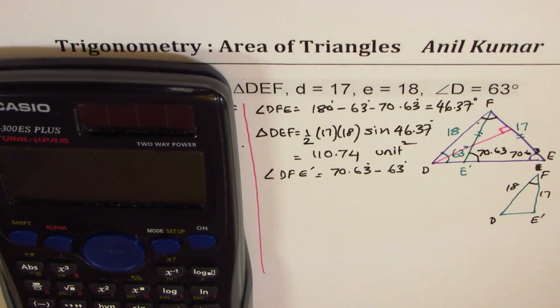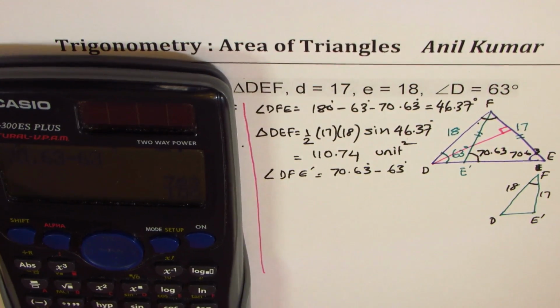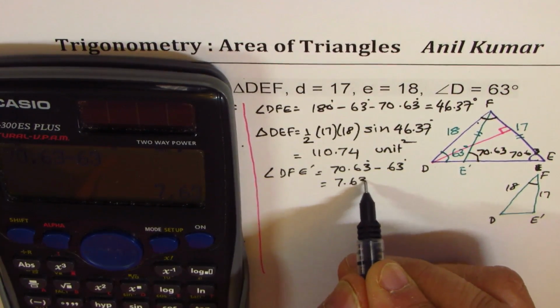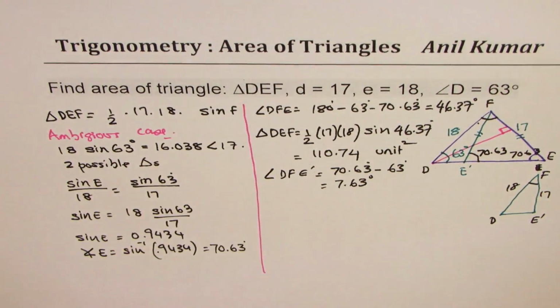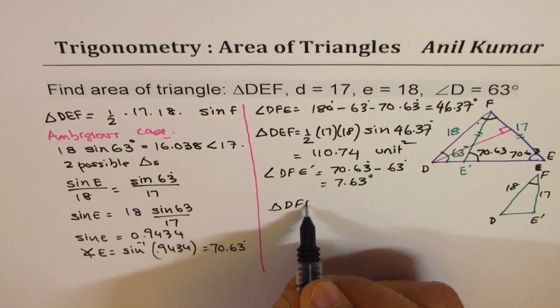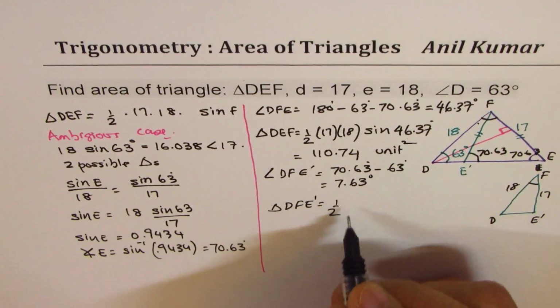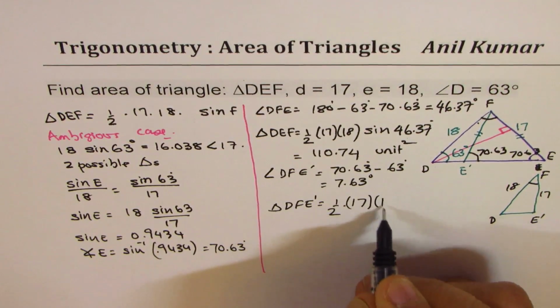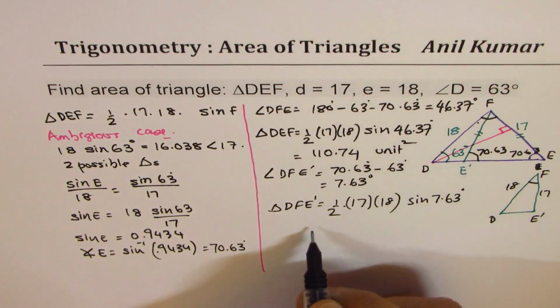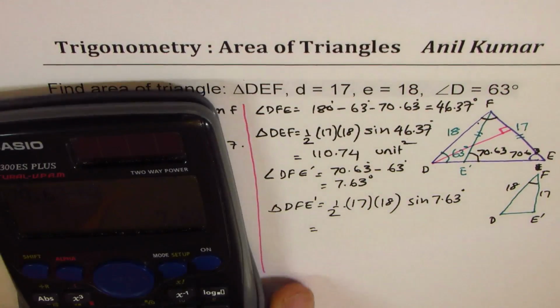So that is 70.63 take away 63, and in degrees it becomes 7.63 degrees, correct? So for the smaller triangle, area of triangle DFE dash will be half of 17 times 18 times sine of 7.63 degrees, correct? So let's calculate this also.